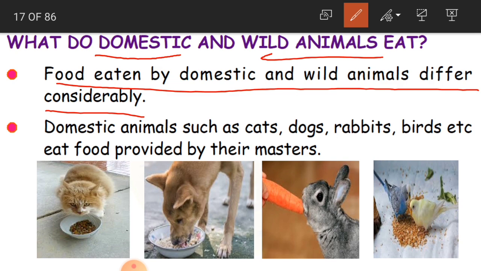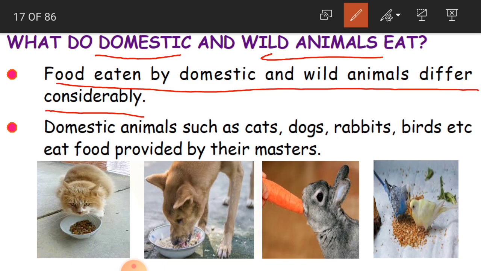As their place of living is different, these domestic animals live along with us and wild animals live in the forest. The place is different, and the food habits of these animals are also different.